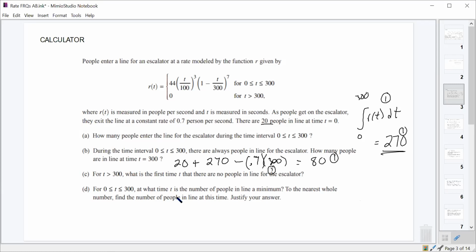So how are we going to figure that out? 300 plus 80 divided by 0.7. 80 divided by 0.7 tells you how long it takes for those people to clear out.